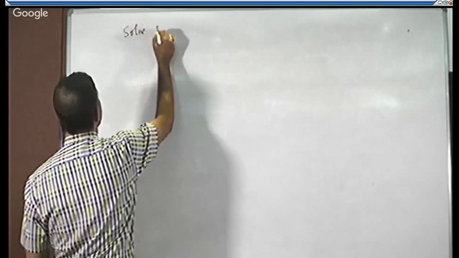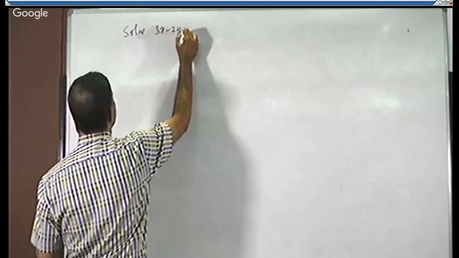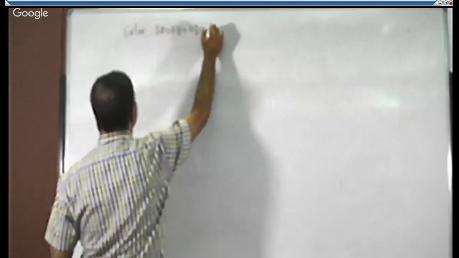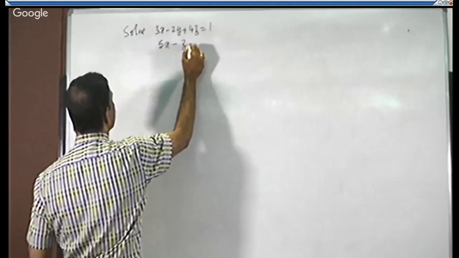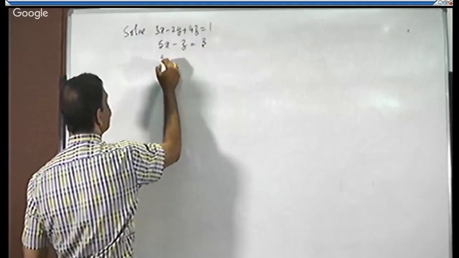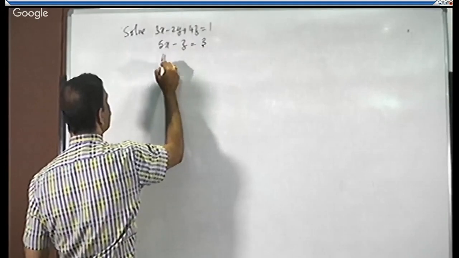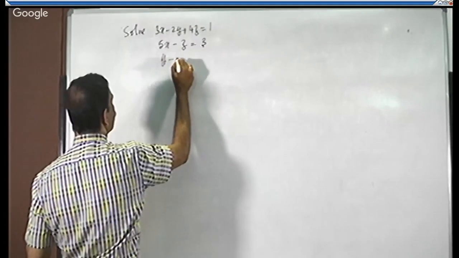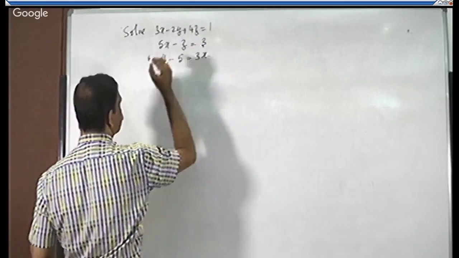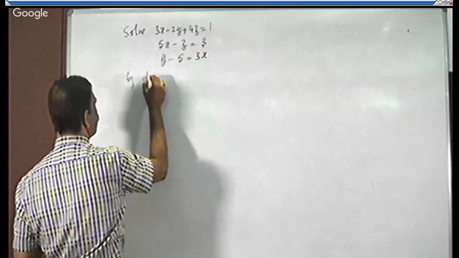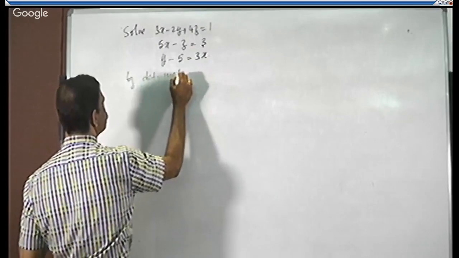Solve 3x minus 2y plus 4z is equal to 1, 5x plus z is equal to 3, y minus 5 is equal to 3x, by determinant method.